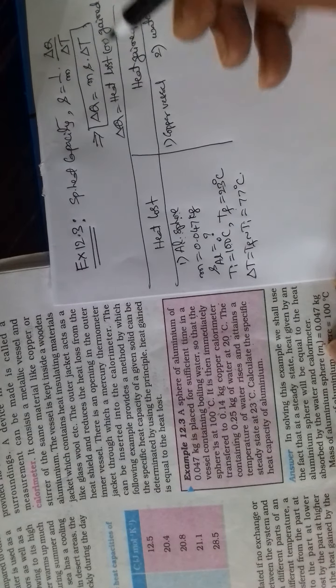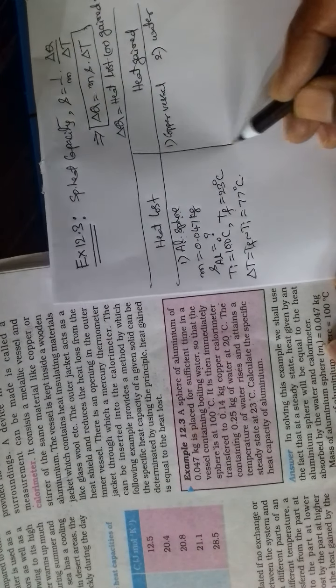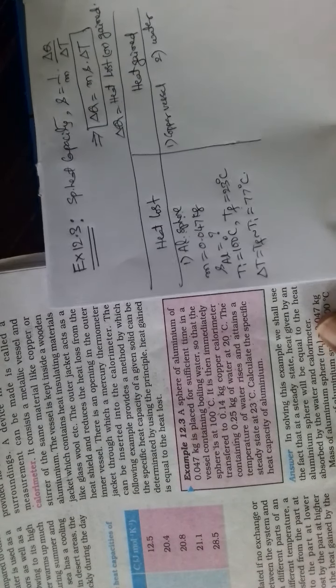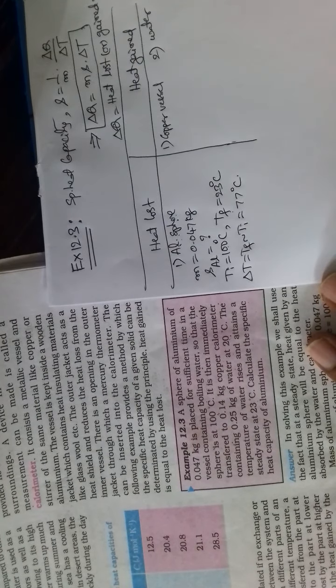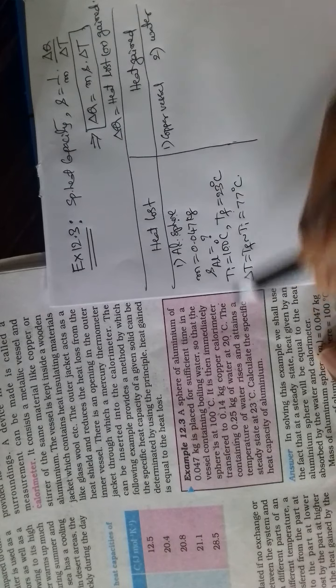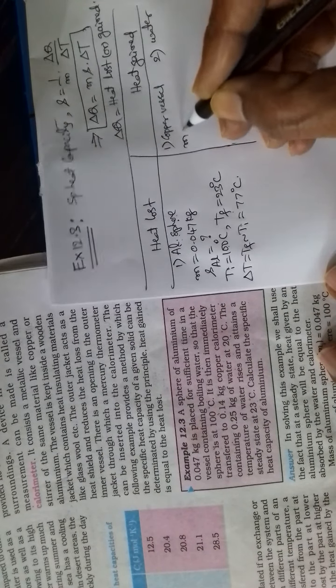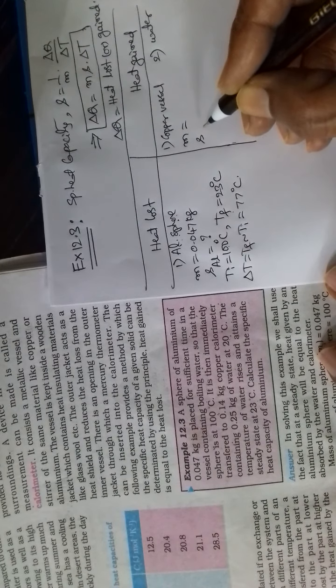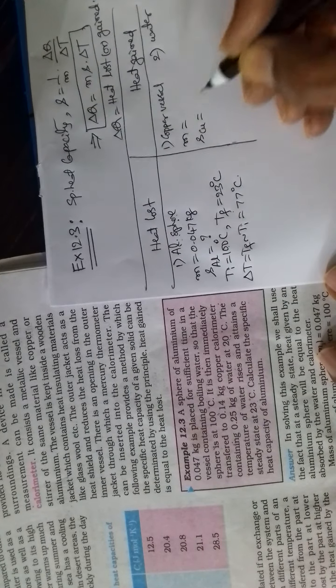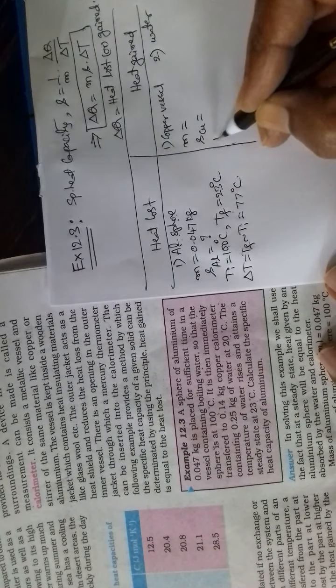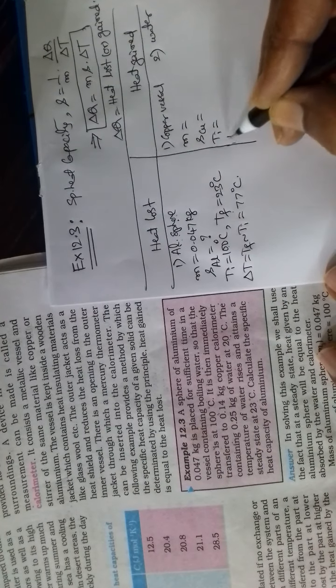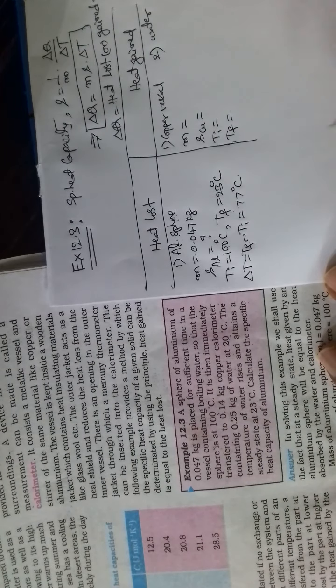Okay, so next, the copper vessel. For the copper vessel also we write mass, specific heat, initial temperature and final temperature.